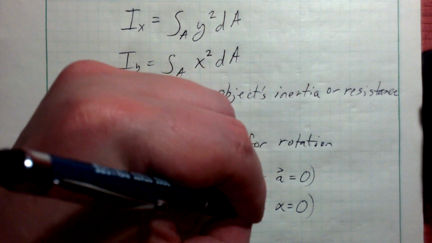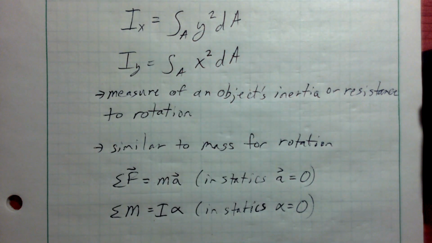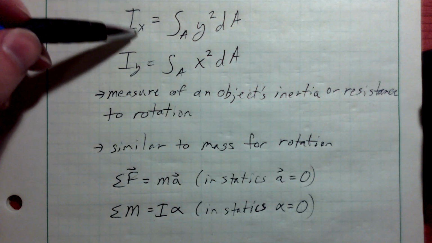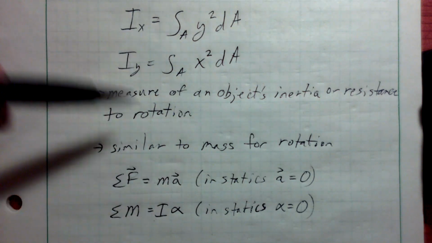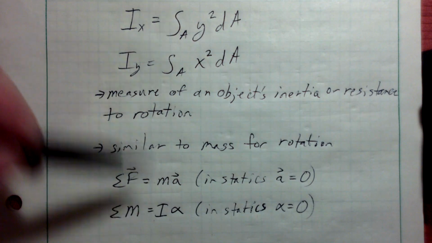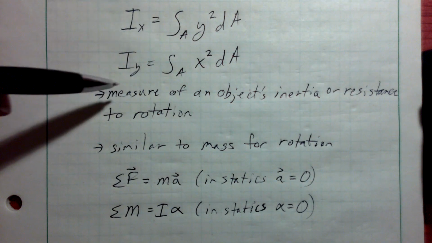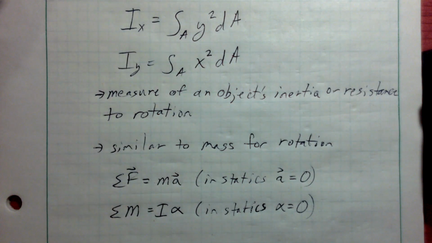So in statics, the angular rotation is not accelerating. The alpha value is not accelerating. But this is what the moment of inertia roughly represents, this quantity, this resistance to rotation. And we could talk about its resistance to rotation about an x-axis, its resistance to rotation about the y-axis. That's essentially what these are representing, trying to describe this moment of inertia.